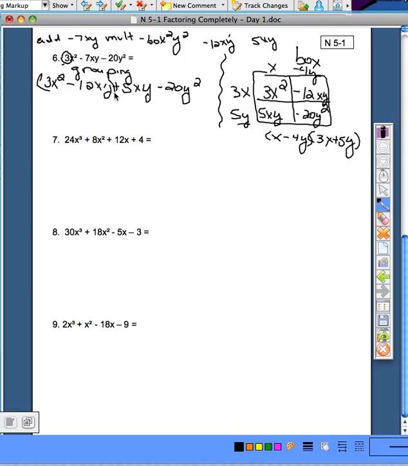Put parentheses around each one, first set of two, second set of two. And then we're going to factor out the greatest common factor. The greatest common factor here is 3x. That leaves me with x minus 4y plus, we're going to have to factor out 5, not 5x, just 5. Take that x off of there.